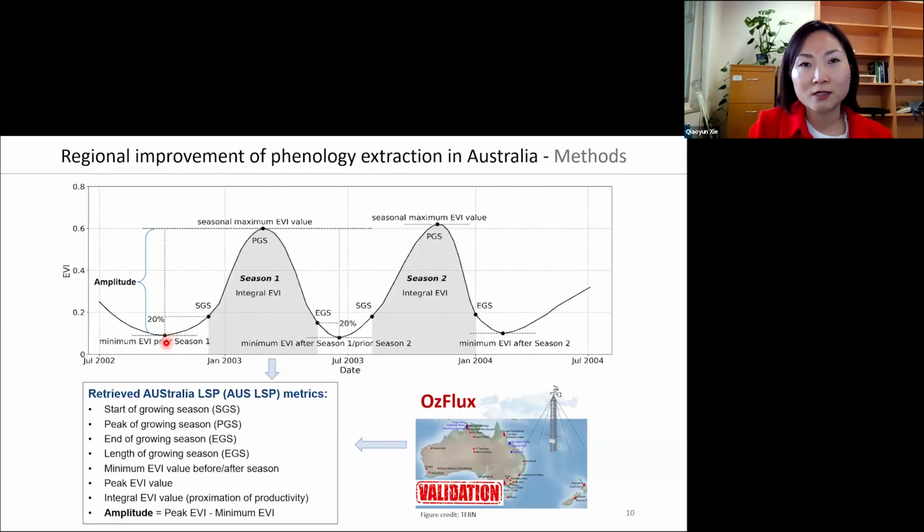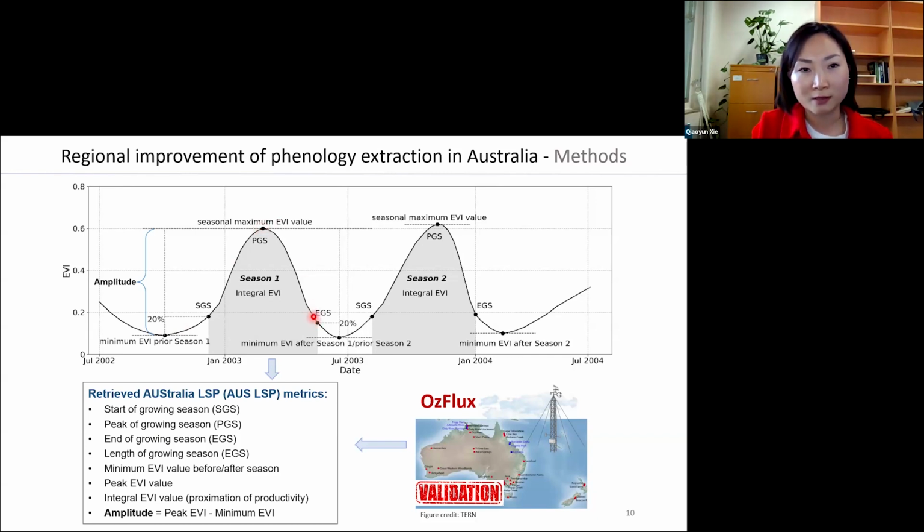And in terms of phenology, I mentioned phenological events. These are the metrics to do with those events that we extract from time series of satellite-derived vegetation index. We extract the start of growing season, the peak of growing season, end of growing season.